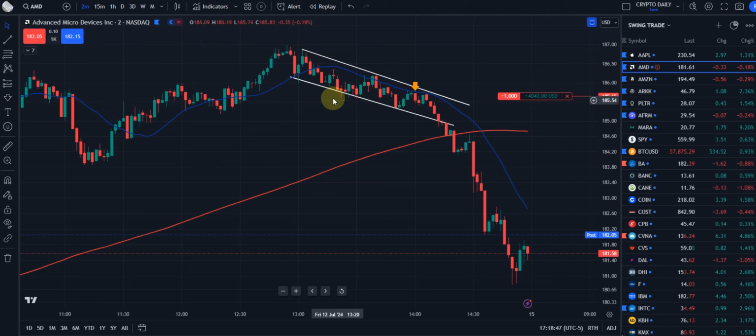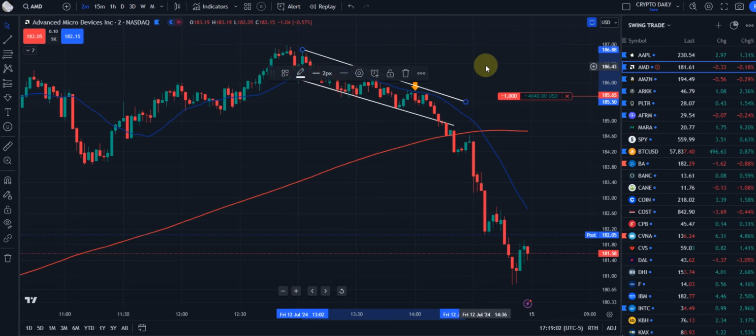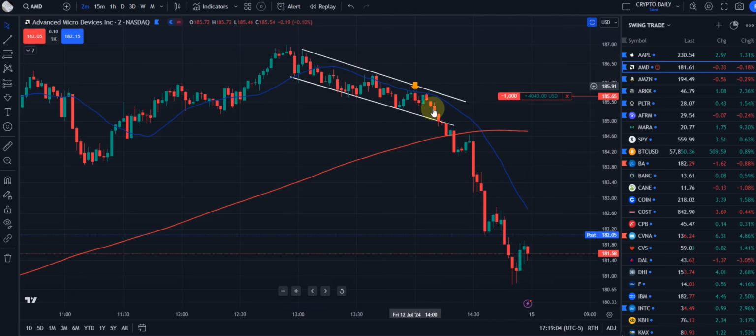But as you can see here, just knowing that, okay, you get two pivots, you connect your trend line, and also you're going to pull it down here a little further, even though all of this hasn't happened yet.